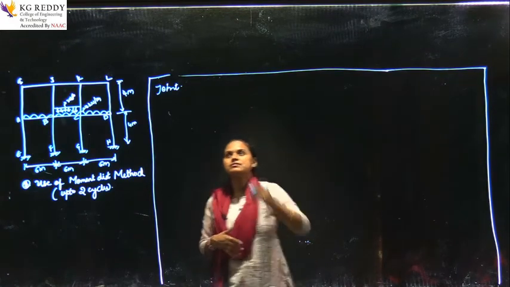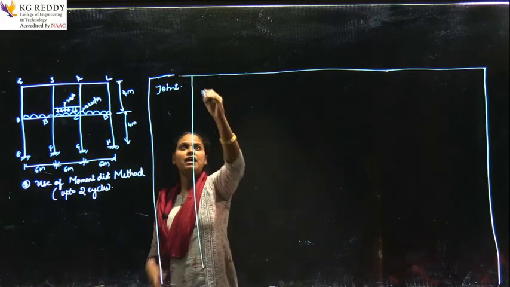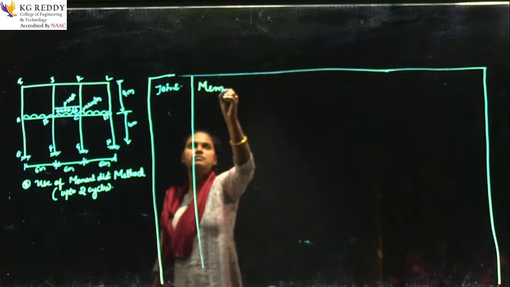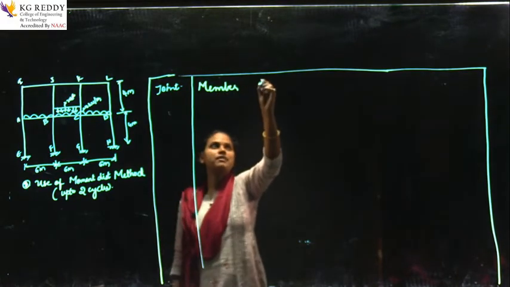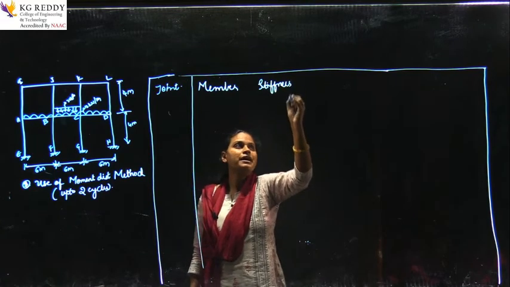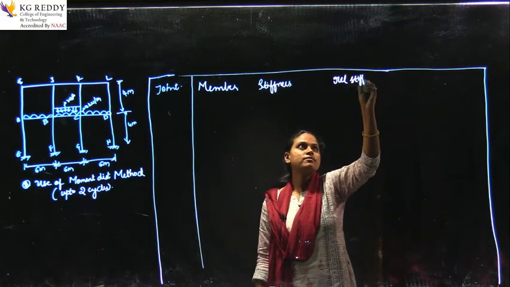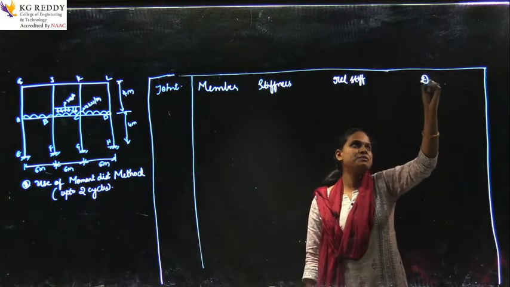So in this tabular column you will have the joints first, and you will have the member, and you will have stiffness, and you will have relative stiffness, and finally you will have distribution factor.